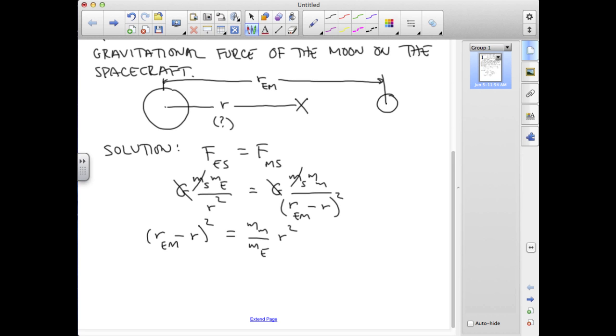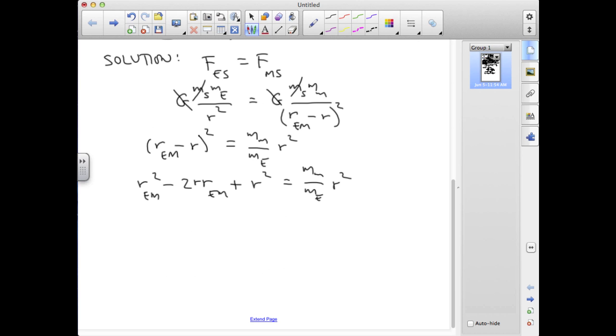If I then expand the left-hand side, I have this. And one of the things you should be able to see is that you're now going to get a quadratic equation in the distance we're seeking, r squared.